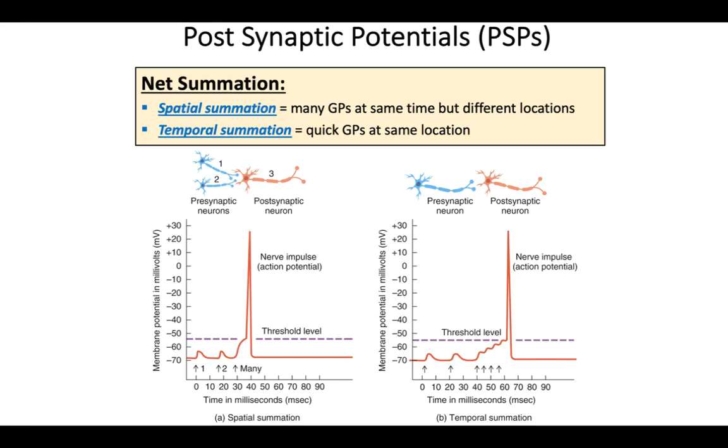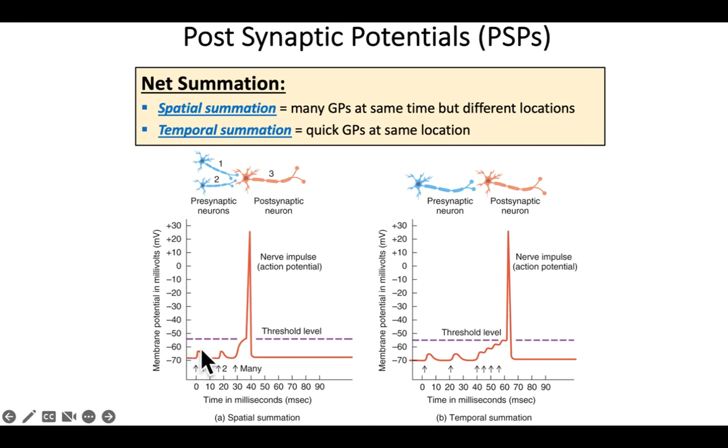Then there's this idea that a neuron has to take this all into consideration and then decide, am I producing an action potential or not? And that's called summation. And there's a couple types of summation. Spatial summation is where you might have two presynaptic neurons stimulating a postsynaptic neuron at different locations. What could happen is they could become additive.